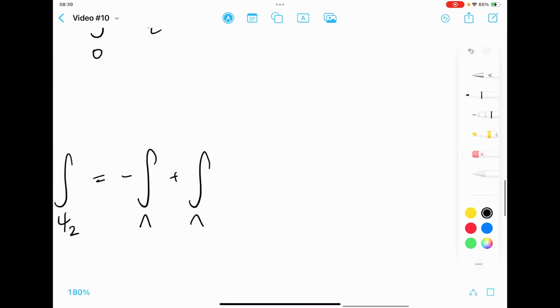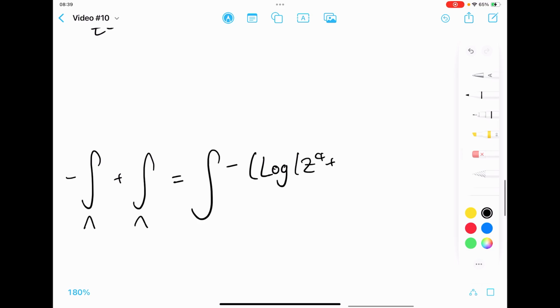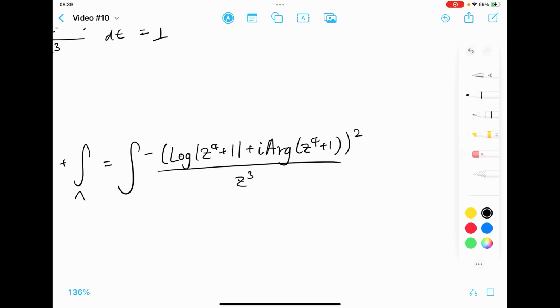But anyhow, let's write this out. So the negative one is going to be the integral of negative of this absolute monstrosity, and I'm just going to write this out. So let's cut to when I'm done writing this out. There we go. And we'll do the same for the positive one.